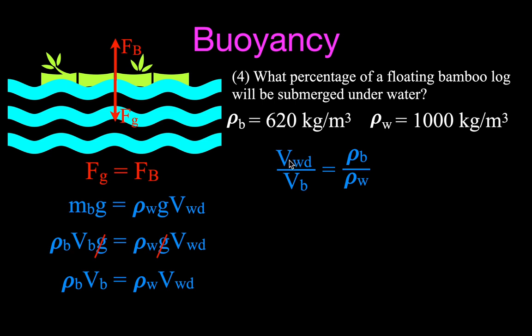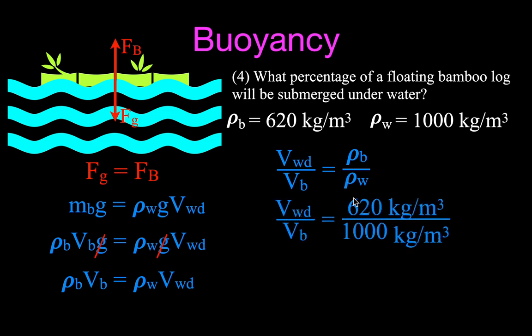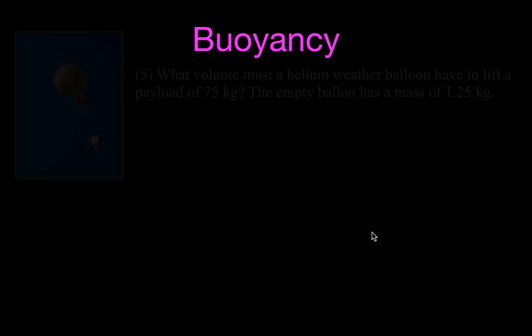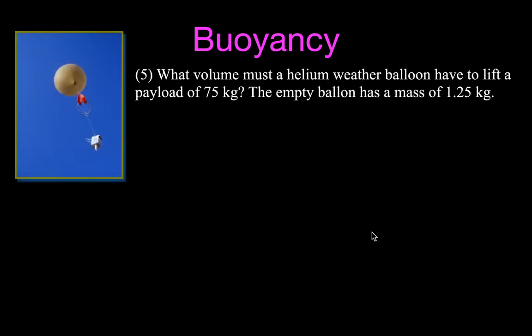The ratio of the volume that is submerged, displaced, divided by the volume of the bamboo is equal to the density of the bamboo divided by the density of the water. Therefore, we can divide the 620 by the 1,000, and you get 0.62 or 62%. So that means 62% of the bamboo would be underwater.